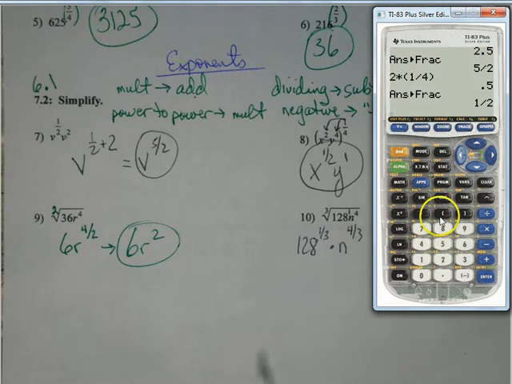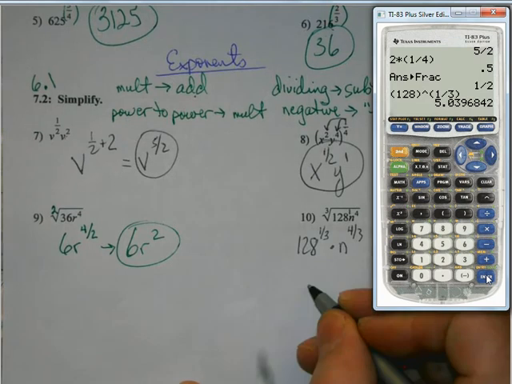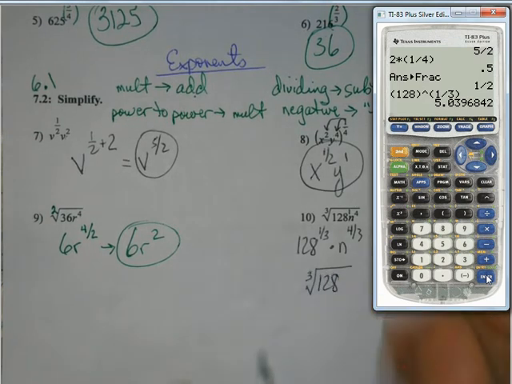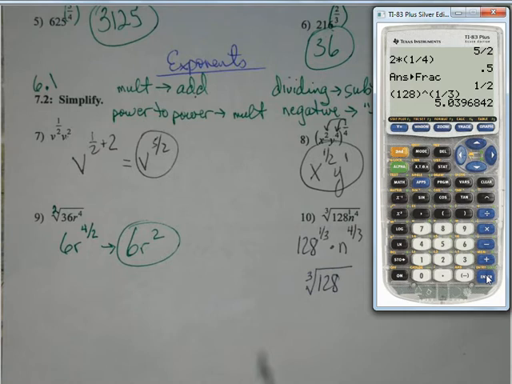Let's see first what I can have with my 128 to the 1/3 here. Okay, if you get something in this case that doesn't break down nice, since our theory right now isn't breaking down other stuff like we did first semester, I'm actually going to let you get away with something here. I'm going to let you keep the 128 underneath if it doesn't break down nice.